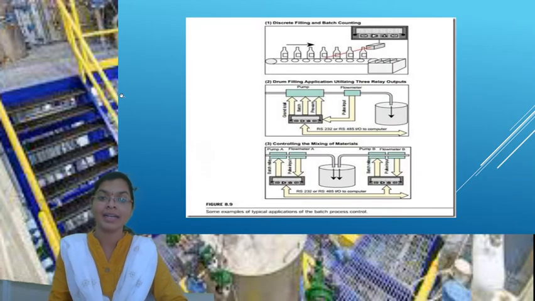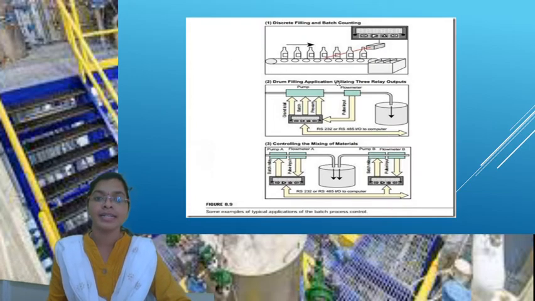I will take another example also. Here this is discrete filling and batch counting. Let us take a Coca-Cola industry, which has a belt, and let us take these Coca-Cola bottles. All are filled continuously, but these 7 bottles are labeled and taken into one container like a batch. Are you clear?